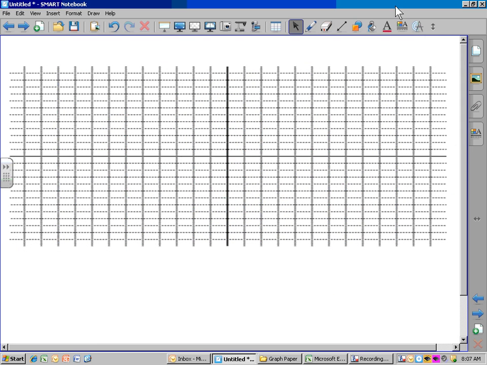All right, let's go ahead and look at another graph now. Let's look at the reciprocal of sine, which is the cosecant. Again, that's the reciprocal of sine.